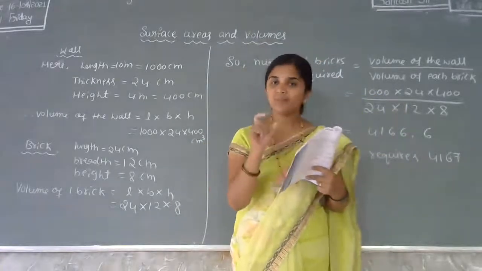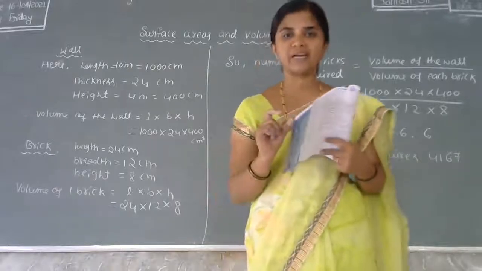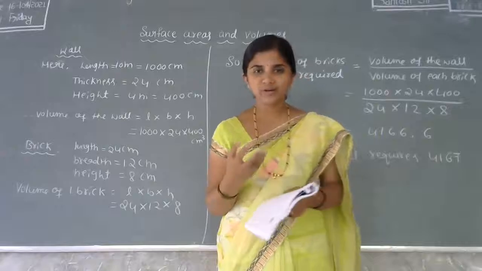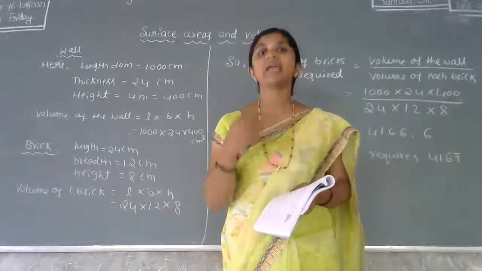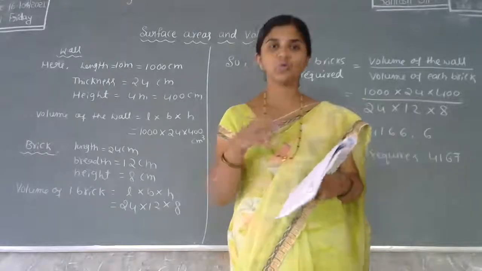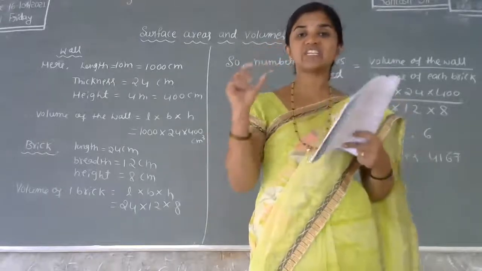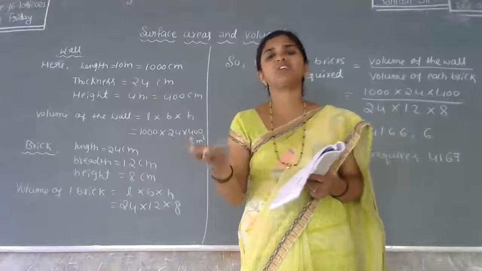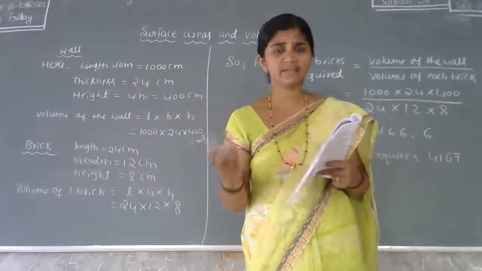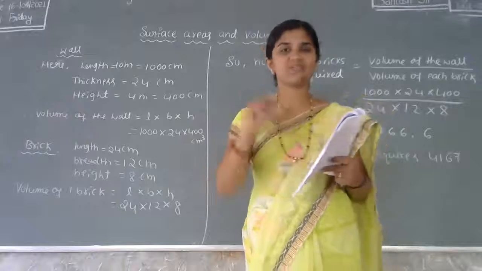Then the volume of each cube you have to find out. Cube volume you can easily find out. What is the formula for the volume of a cube? Volume of each cube is edge cubed. Each edge is 3, so 3 cubed: 3 3s are 9, 9 3s are 27. So volume of each cube is 27.